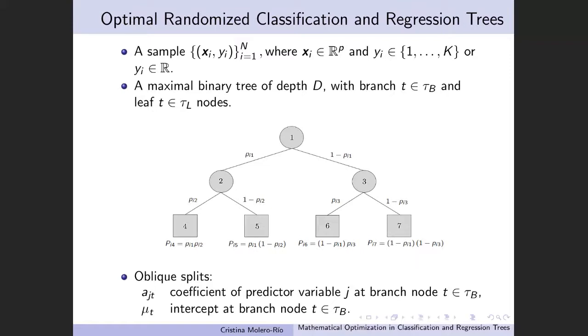Here, prediction is randomized. At each branch node, we will have, for each individual i, a probability of going down the left branch node and a probability of going down the right one.